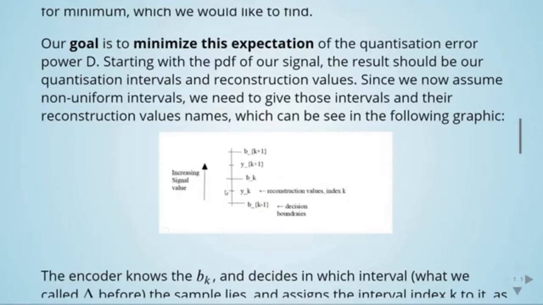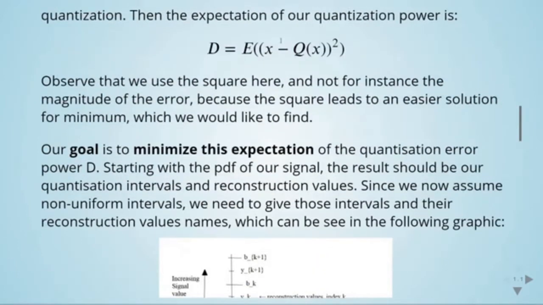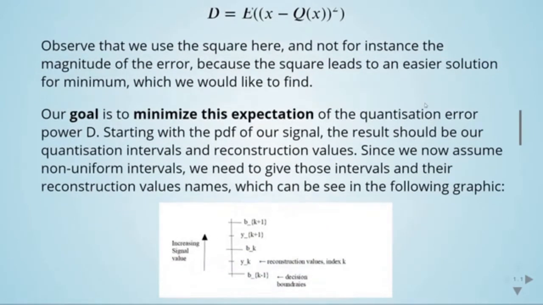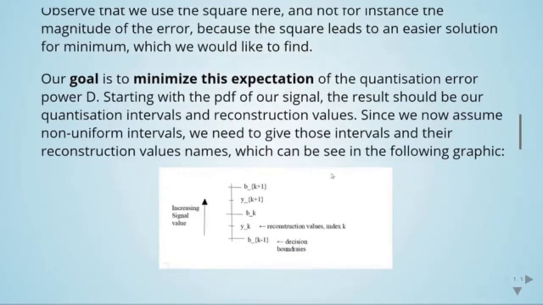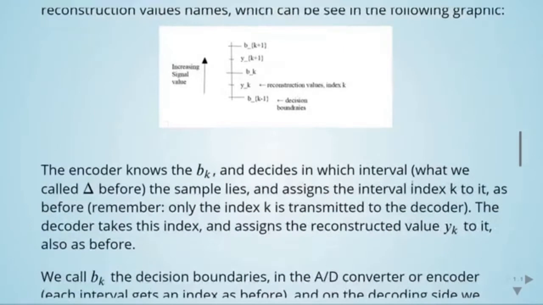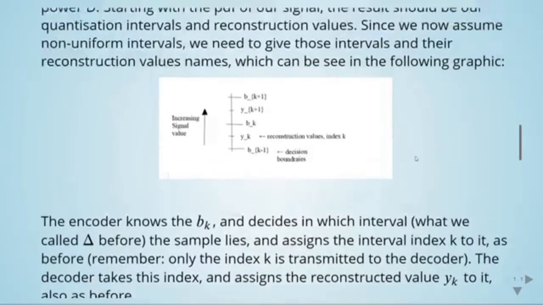We'll call y of k the reconstruction values at index k, and b of k minus 1 or b of k, those are the decision boundaries. So the idea is to minimize this expectation, and as a result we will have quantization intervals and reconstruction values, so the y of k's and the b of k's.